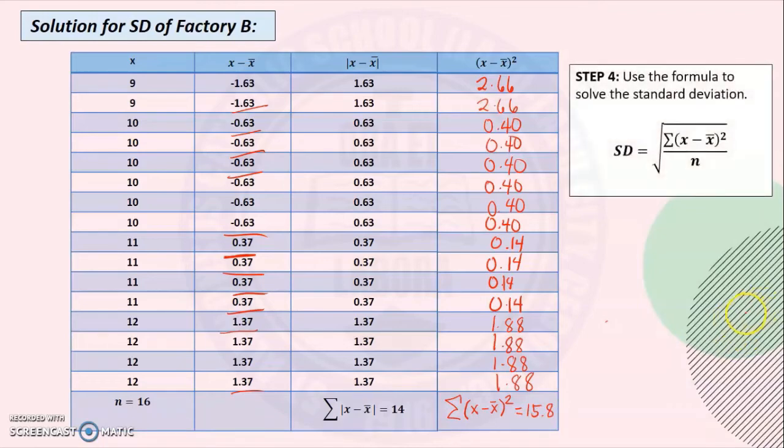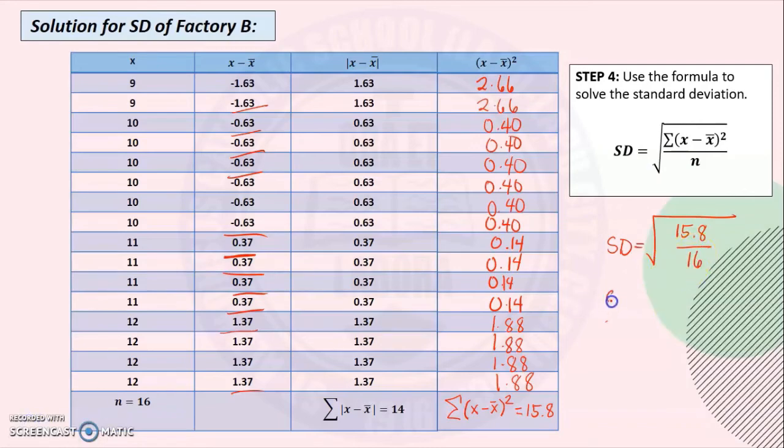Use the formula to solve the standard deviation. So again, this is the formula to be used. Copy first, standard deviation equals the square root of the sum of the values in the fourth column, and that is 15.8, divided by the value of n, and that is 16.